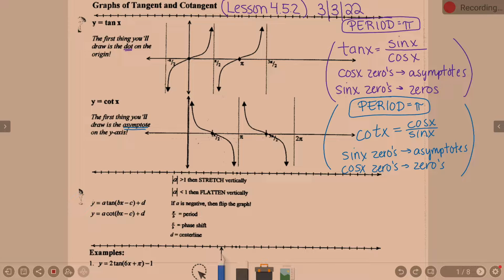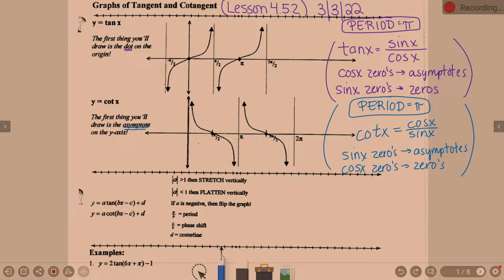I mean, it's still doing the same thing in a way, but we think of it differently because amplitude is how much are we stretching or shrinking that graph, right? How much are we pulling it away from the x-axis? Well, we can't really stretch these up and down as much in terms of having a number here. So we're going to go back to our stretch and flatten, flatten being the idea of a shrink.